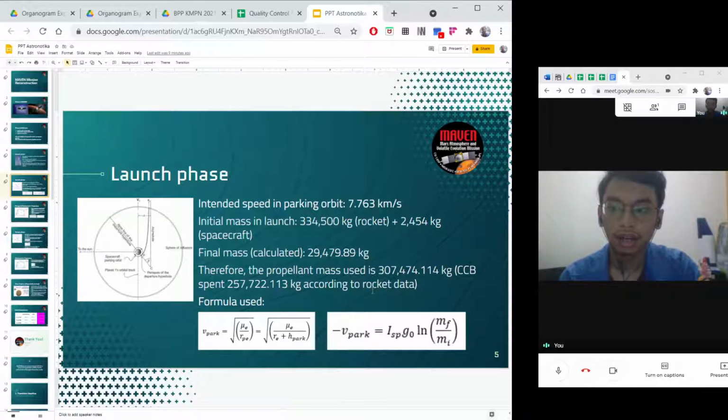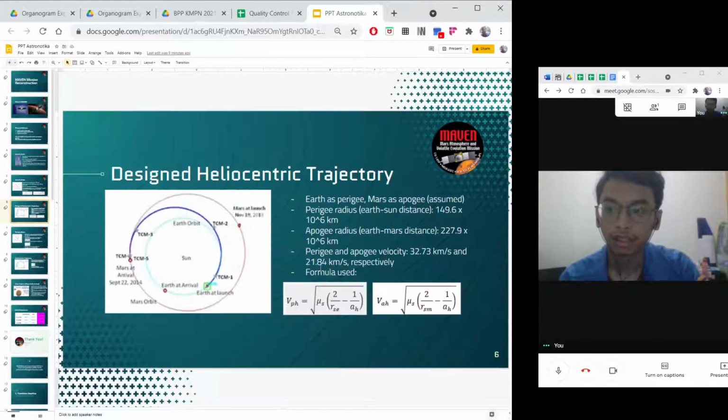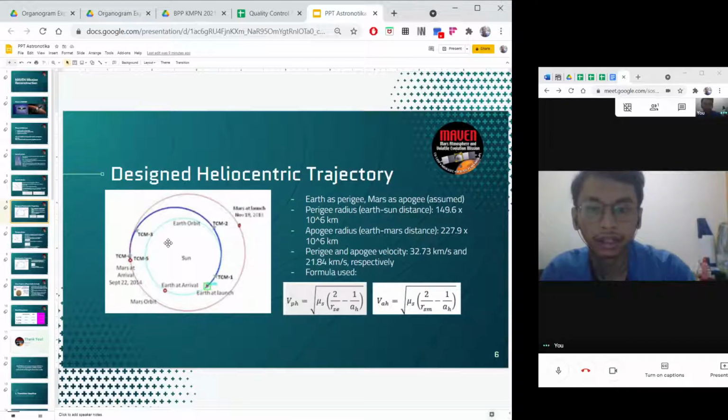After the spacecraft reaches the parking orbit, next we have to consider the designed heliocentric trajectory along the transfer orbit. If we take the Earth as the perigee and Mars as the apogee, which is not a base assumption, but we could use that condition, we could obtain the radius of the perigee, apogee, and semi-major axis, and also the velocity intended at each position.